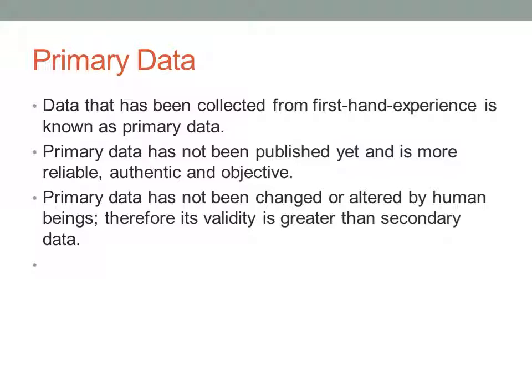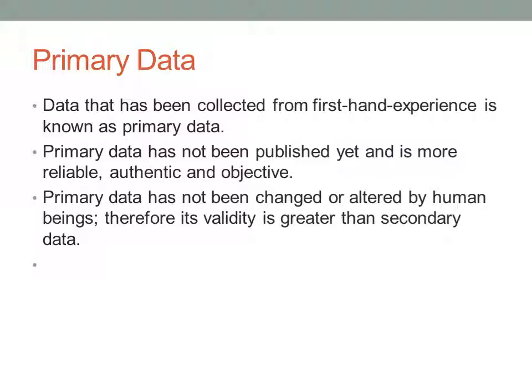So the primary data will be reliable. The next point of primary data is they are still new and raw, so they have not been changed or altered by any other person other than in collection.